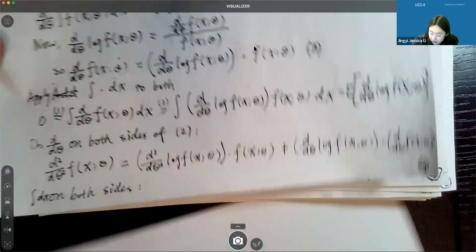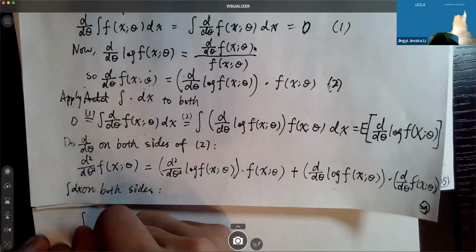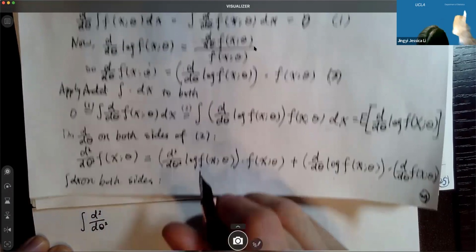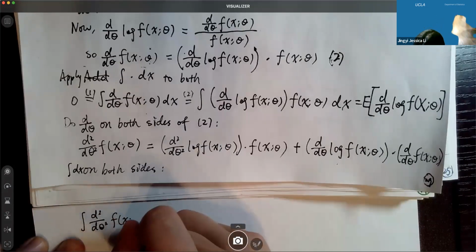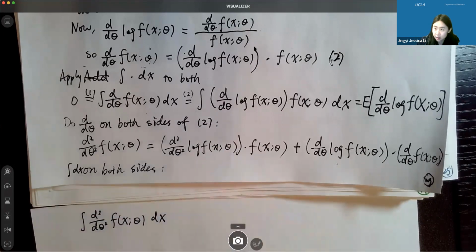The left-hand side, we actually know is still 0 because we still have that smoothness condition to help us.